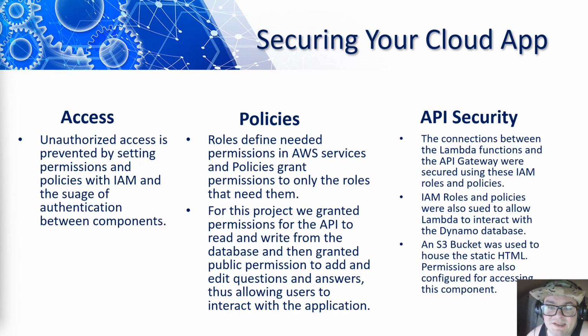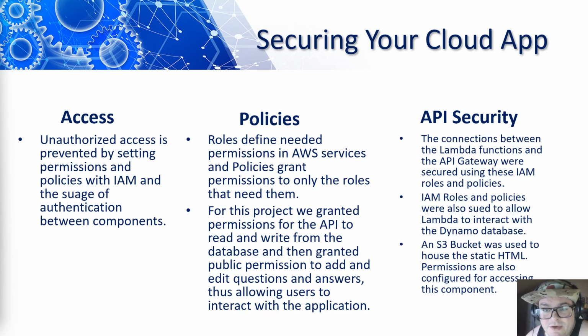In terms of policies, roles define permissions in AWS services, and policies grant those permissions to only the roles that need them. It's an important distinction. For this project, we granted permissions to the API to read and write from the database, and then granted public permission to add and edit questions and answers, thus allowing users to interact with the application. So there's different layers to that.